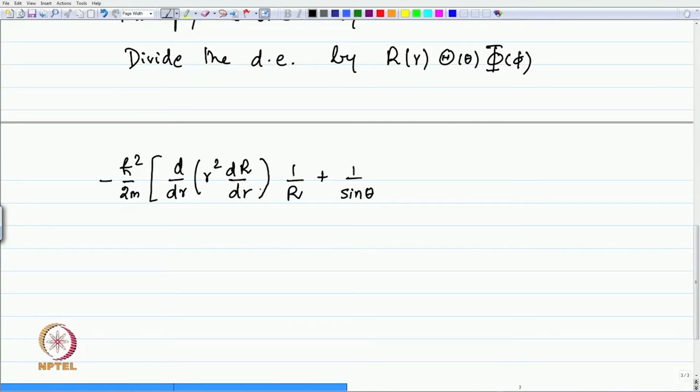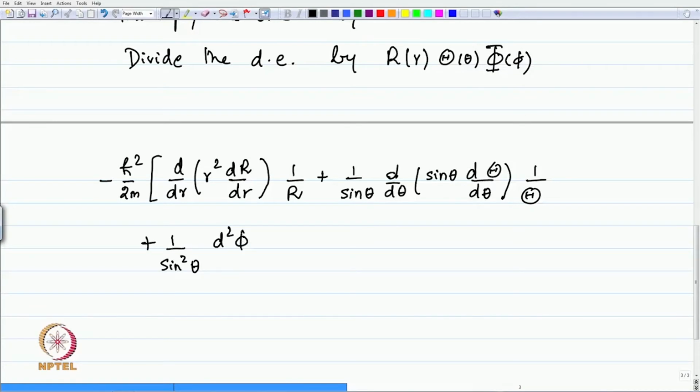Minus h bar square by 2m is common to both. So, you have 1 by sin theta d by d theta of sin theta d Theta by d theta, and again this term will be divided by this theta function. And then you have the last term for the kinetic energy, 1 by sin square theta d squared Phi by d phi square times 1 by Phi.